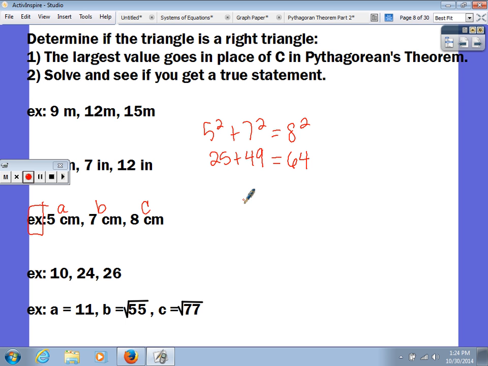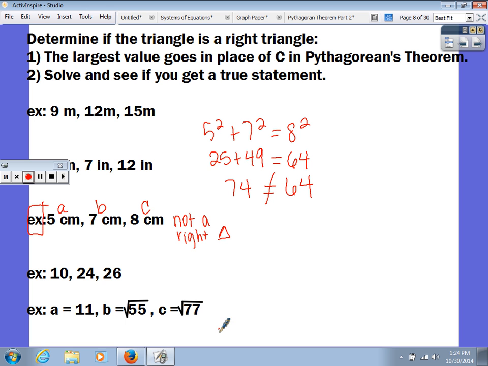So now we just add together 25 and 49. And when you add 25 and 49, you get 74. So is that the same as 64? No, it's not. And mathematically, we show that by drawing a line through our equal sign. So since it does not equal the same, that means that this does not form a right triangle. So it's not a right triangle.